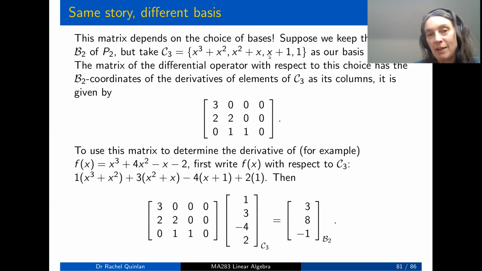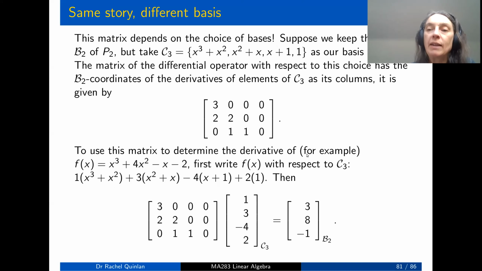So we can fix that by adjusting using the third basis element x plus 1. So to get from the 3x that we have from the first two terms here to minus x, we should take minus 4 times x plus 1. And at this stage, we've got x cubed plus 4x squared minus x. And we've got minus 4, but we want minus 2 as constant term, so we should add 2 times 1.